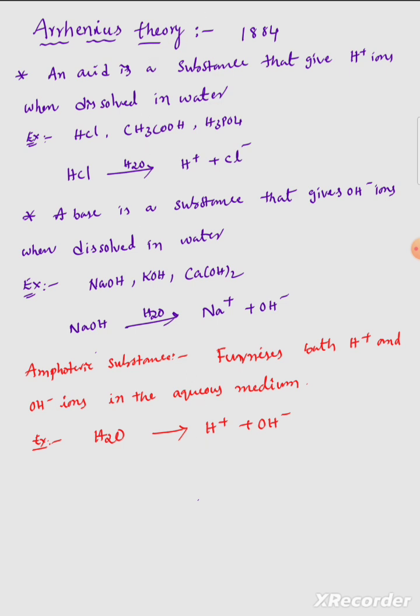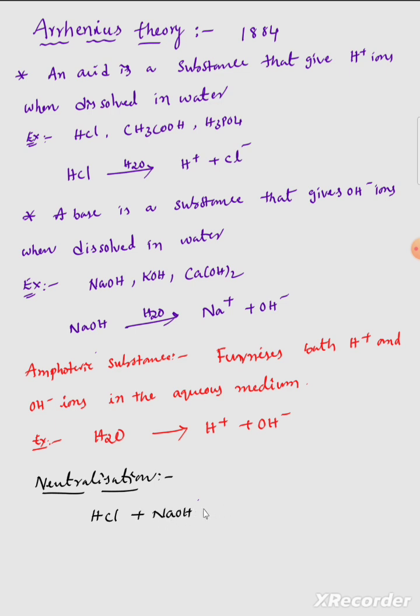What is Arrhenius neutralization? Here we have an acid and a base, for example hydrochloric acid and sodium hydroxide.